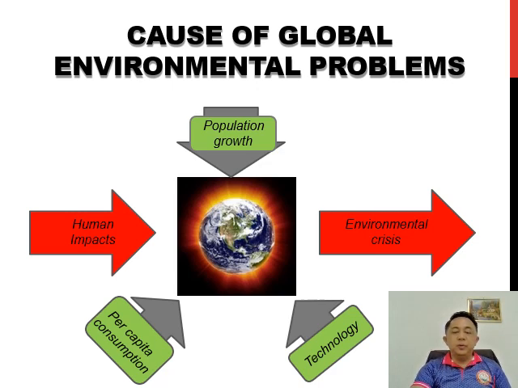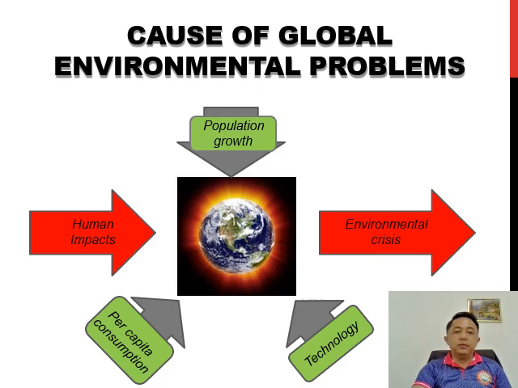If you go back to our previous lesson, we said that exploitation is one of the effects of an increasing population. An increasing human population means an increased need for resources that provide for our food, shelter, and clothing.